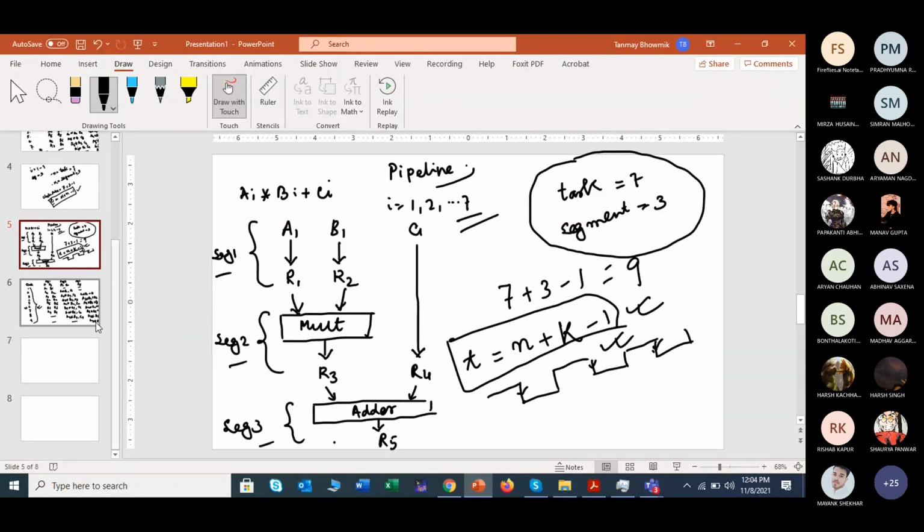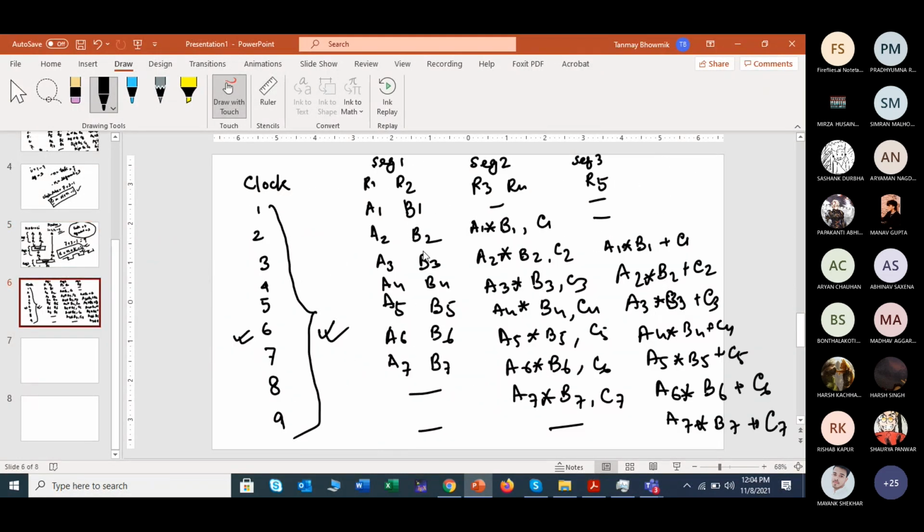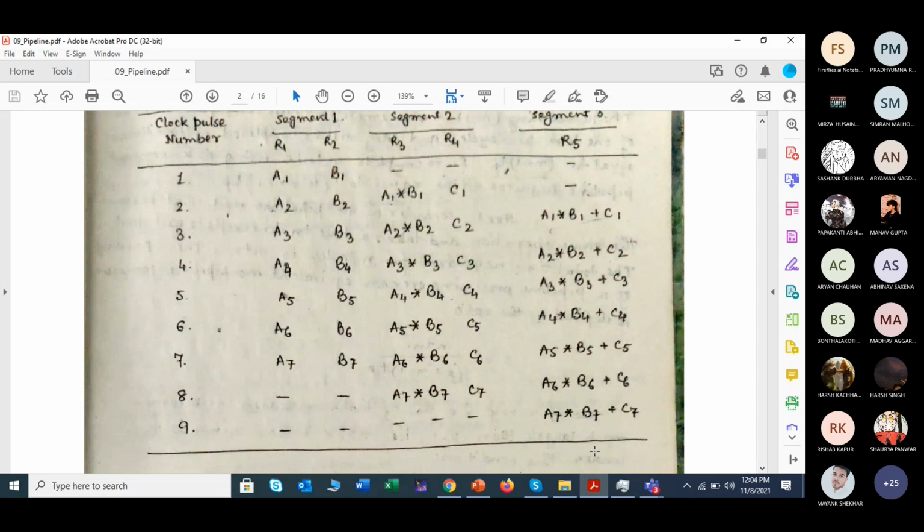You can see this whole diagram or table, or if it is not properly visible, you can also check this. Here it is very clear that when you are trying to complete all 7 tasks, varying from A1 to A7, B1 to B7, and C1 to C7, then you need a total of 9 clock pulses to complete this within 3 segments.